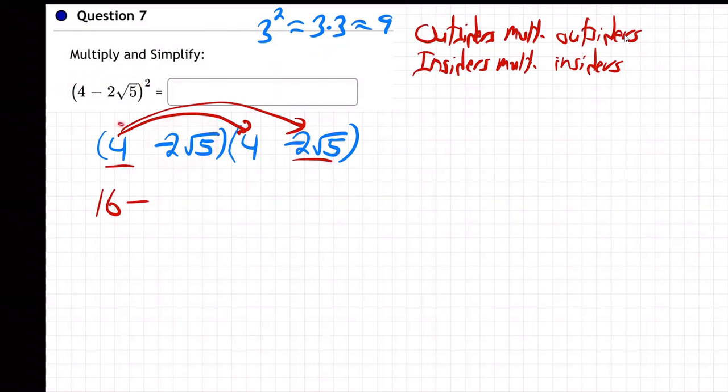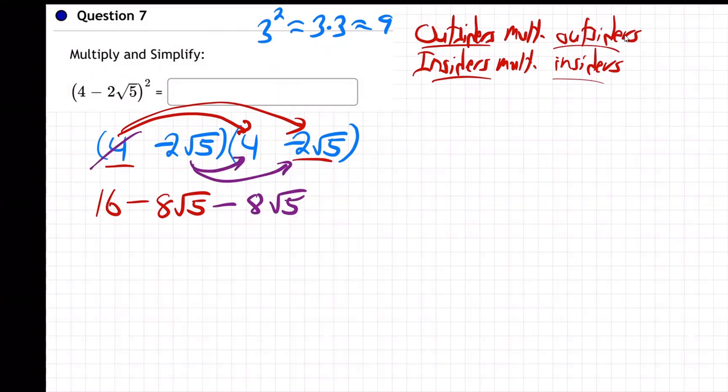So when you multiply, 4 times negative 2 root 5 makes negative 8 root 5 because the outside numbers multiply. The 4 and 2 multiply. Outsiders with outsiders, insiders with insiders. Okay, that one's done. And then this guy's going to go to both these two. Same kind of thing. Minus 8 root 5 because, again, the outsider multiplies the outsider.